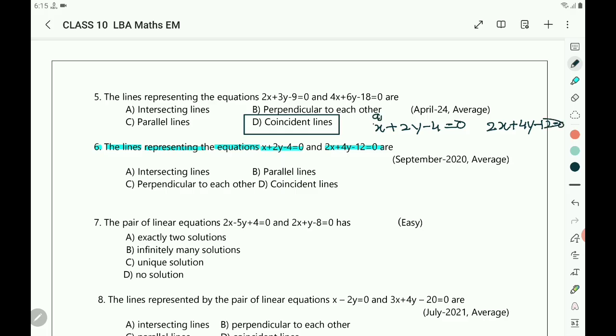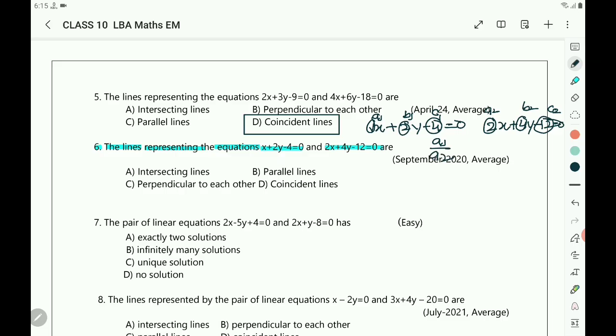This is a1 = 1, b1 = 2 and c1 = -4. These are a1, b1, c1. Here a2 is 2, b2 is 4 and c2 is -12.